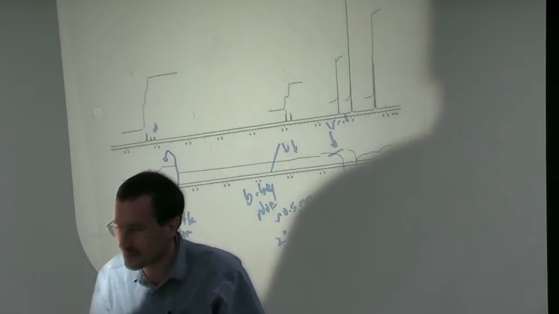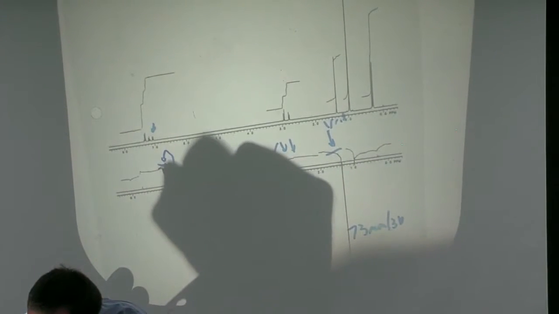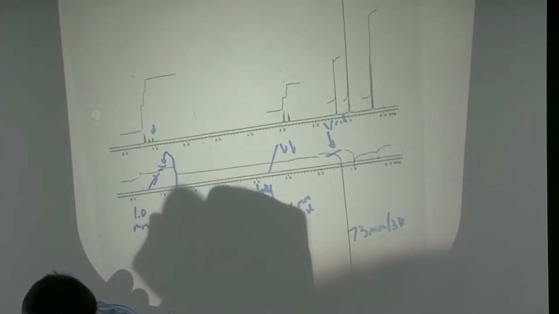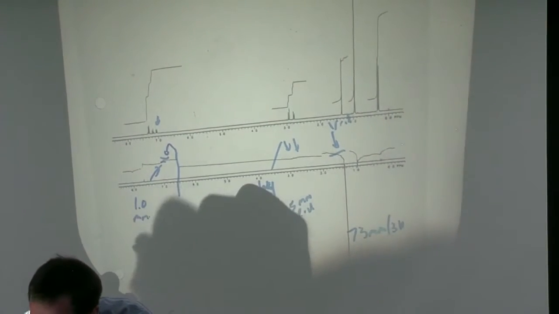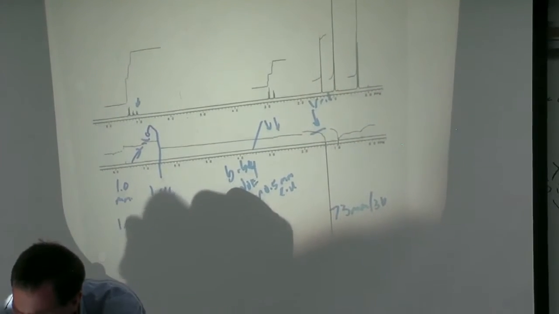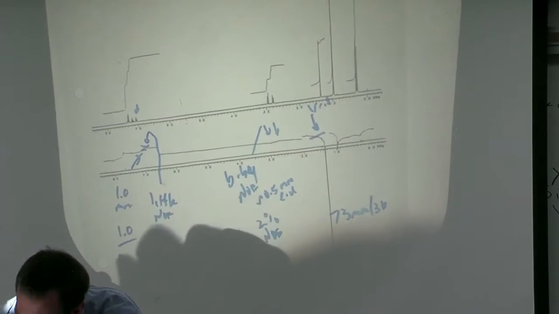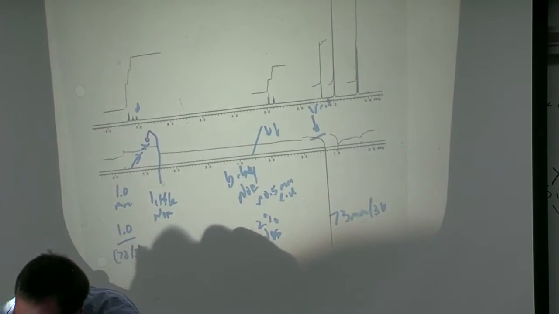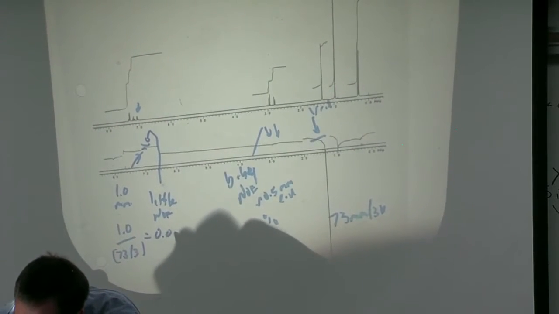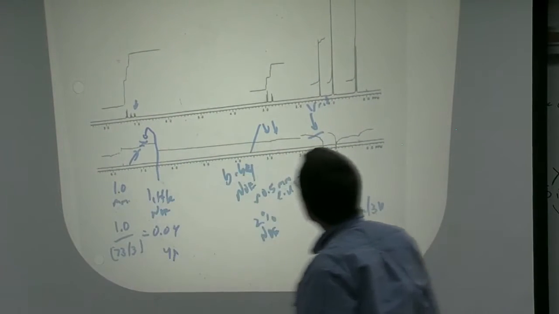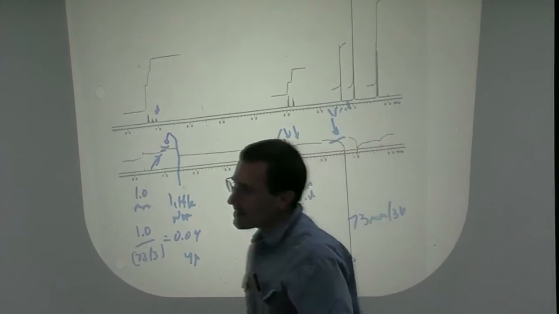I wouldn't stake my dissertation on it, but if I measure that integral, it's about 1 millimeter. That translates to about a 4% NOE, right? Because 1.0 divided by 73 divided by 3 is equal to 0.04, 4%. And so I look at that and I say, oh, wait a second.